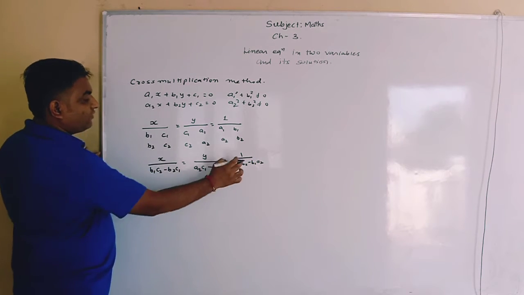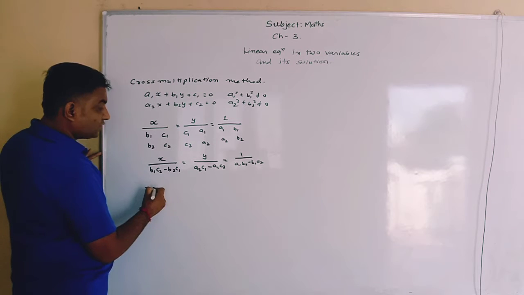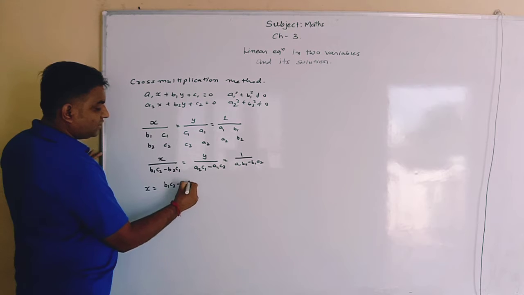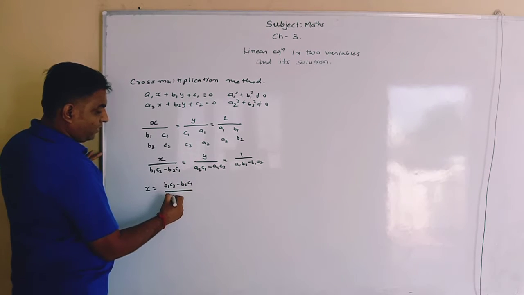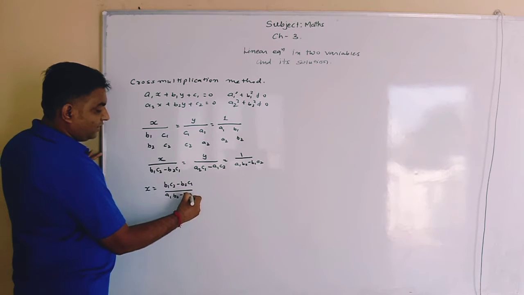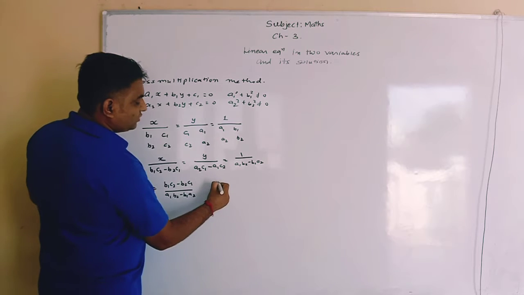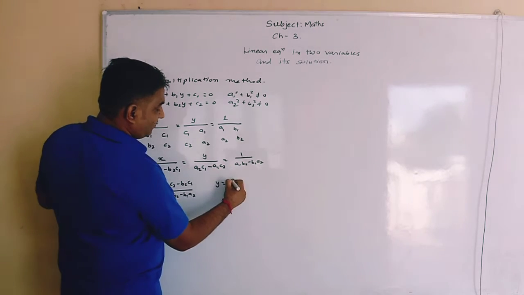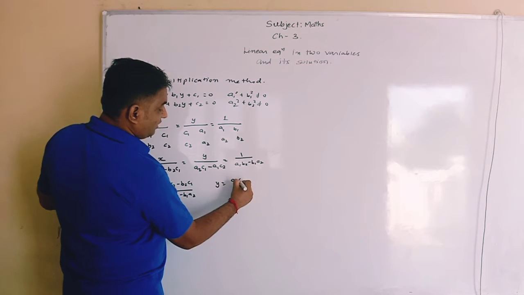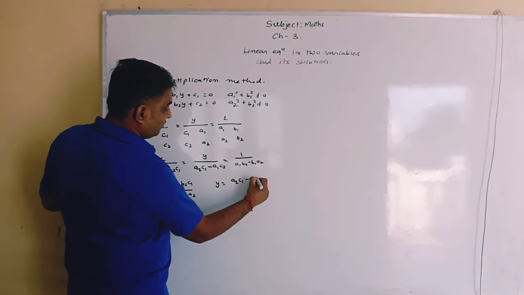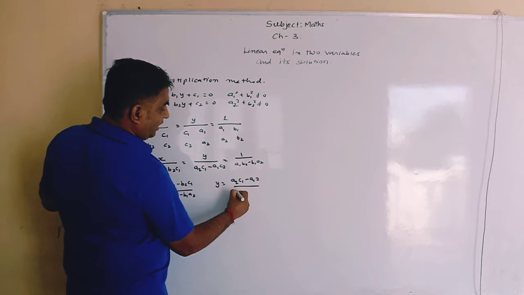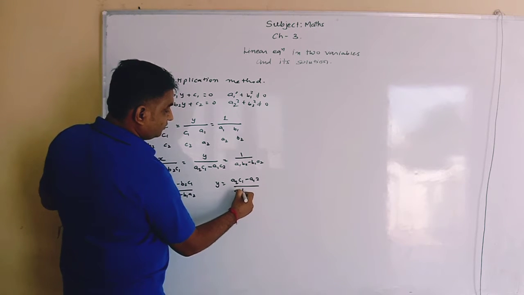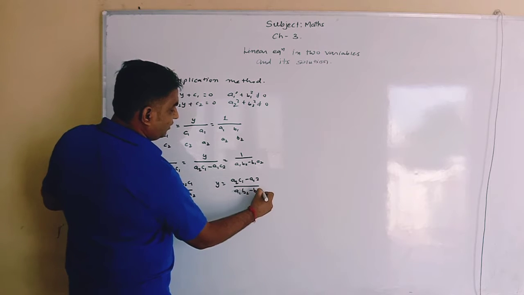So when we compare x and 1, we get x equals b1 c2 minus b2 c1 upon a1 b2 minus b1 a2, and when we compare y and 1, y equals a2 c1 minus a1 c2 upon a1 b2 minus b1 a2.